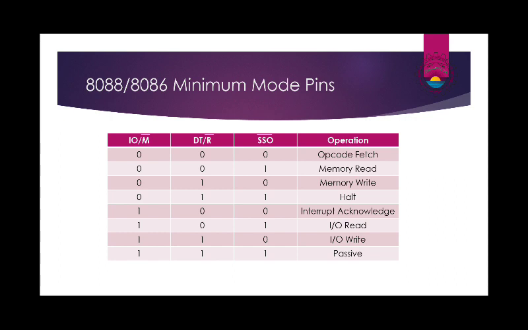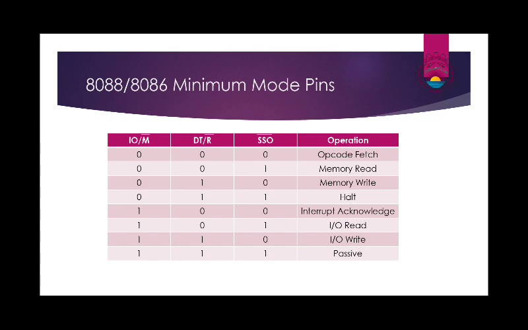Because during memory read bus cycle, memory will be accessed, data will be received by the microprocessor, but that data will not be decodable data, but that will be simple data, or you may say non-decodable data. Details will be discussed in later lectures. For memory write bus cycle, you are having 0 at IO slash M bar because memory will be accessed, and during memory write bus cycle, data will be transmitted by the processor towards the memory device.